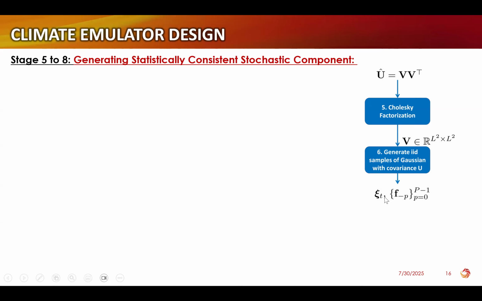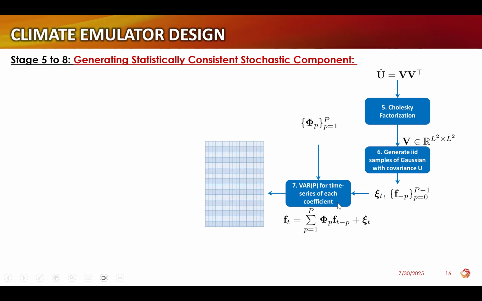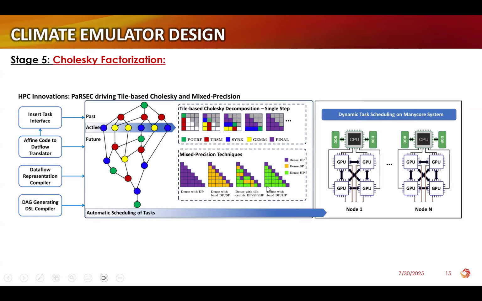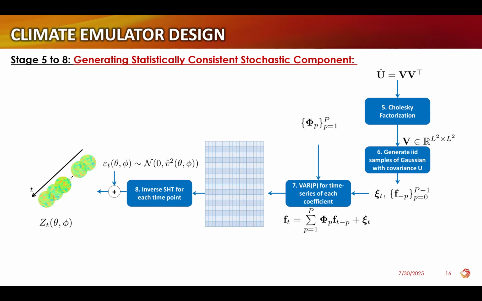We first obtain this IT, and then the autoregressive part, we simply add that to obtain the spectral domain representation of the data. We do inverse spherical harmonic transform for each time point to obtain the stochastic component of the emulation.